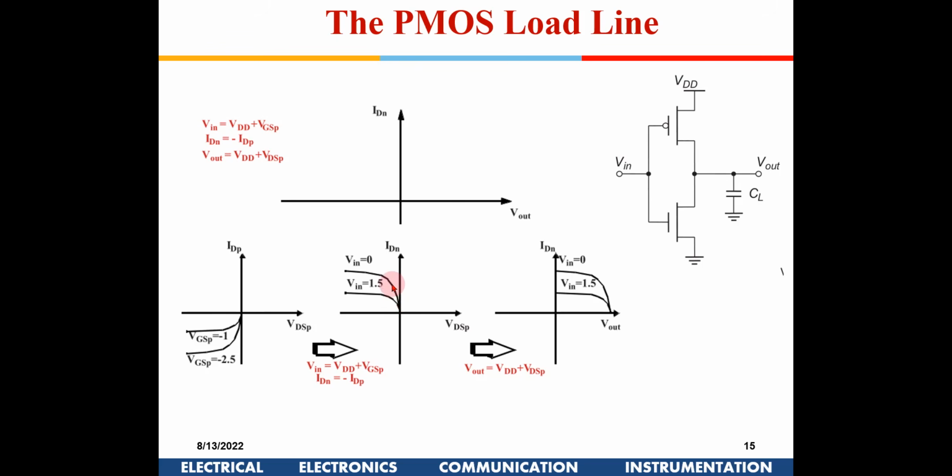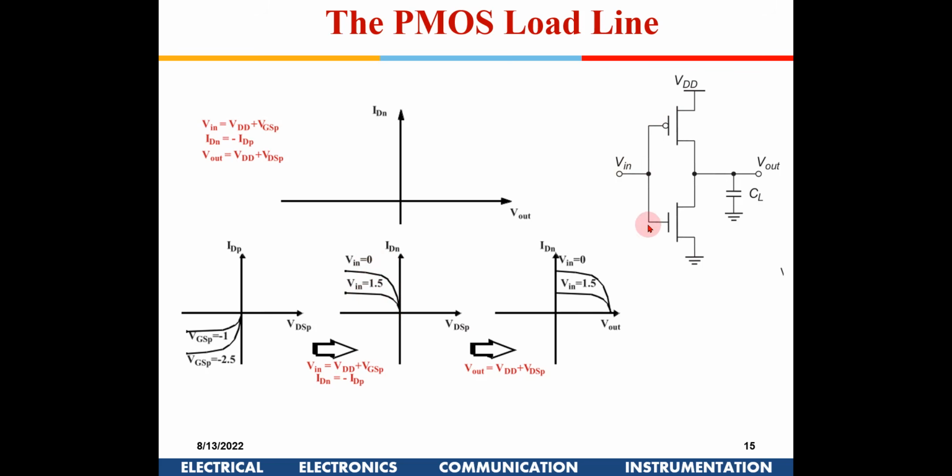So this VGS is equal to 0 line, and V in equal to 0 line corresponds to this particular curve, right? For V in equal to 0, only then VGS will be maximum. As you keep increasing V in, this VGS will be lesser. So that is why this has got transferred.